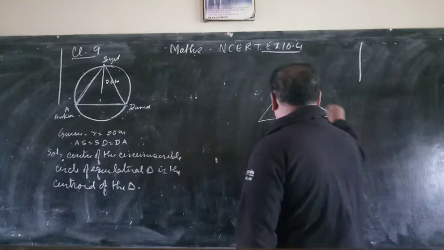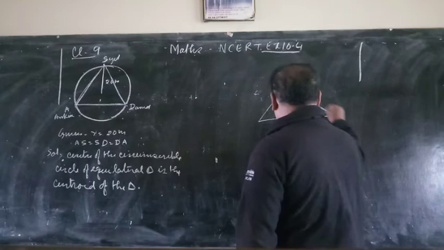Out of this AO and OM, we have been given the value of 20. What is 20 the value of? Radius. The radius is which part, AO or OM? AO. So AO is equal to 2 and OM is equal to 1 according to this fact.